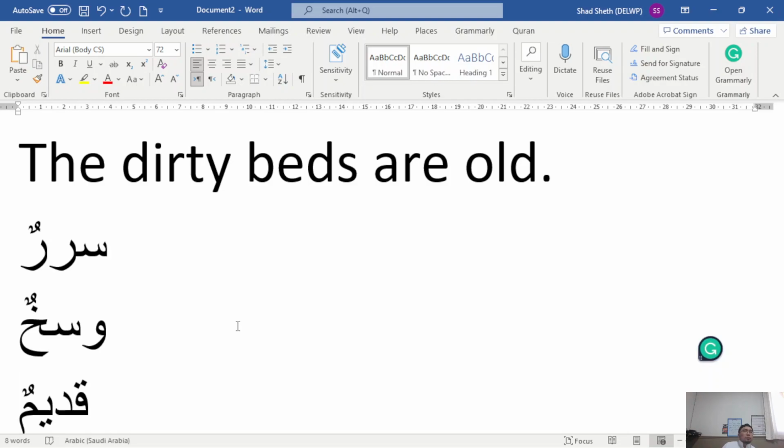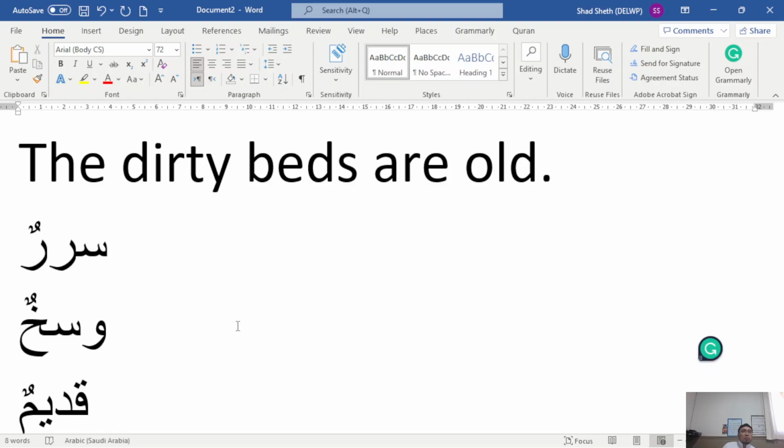So far so good. In the end, it's going to be qadimatun. Now the wasikh. I don't know how to put the plural of wasikh.